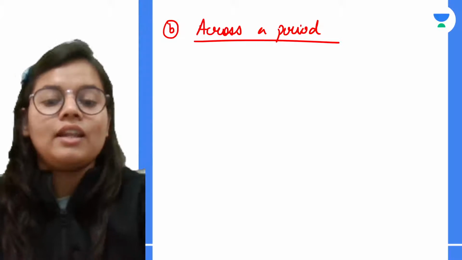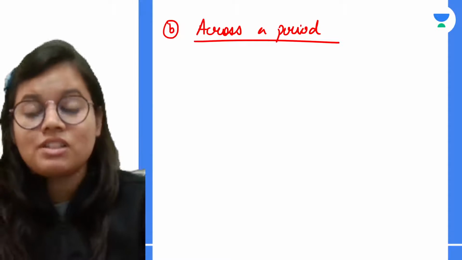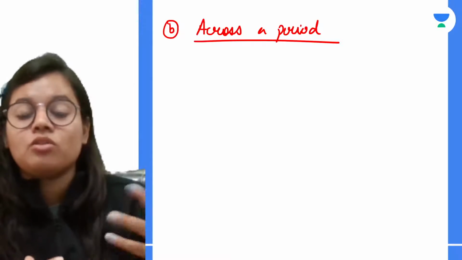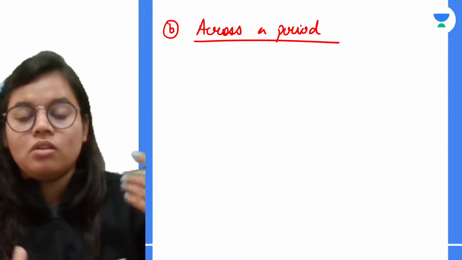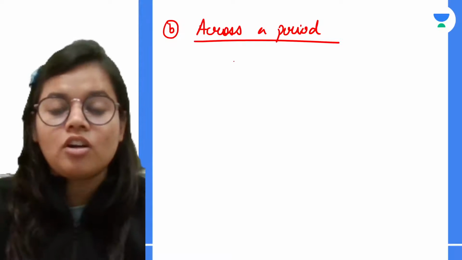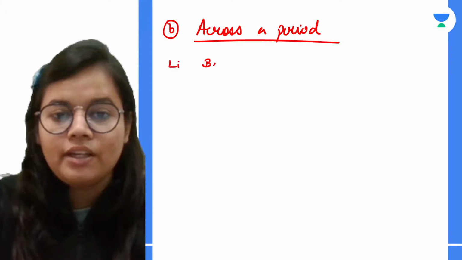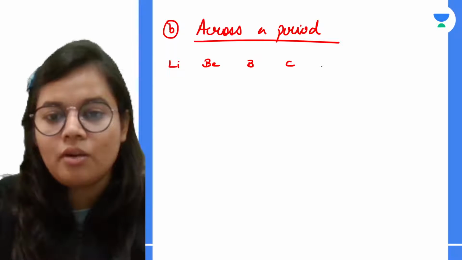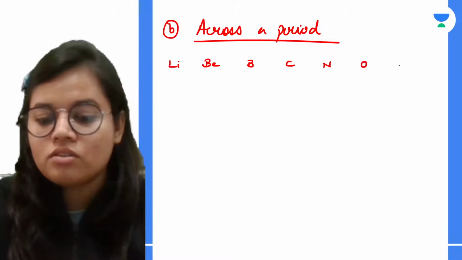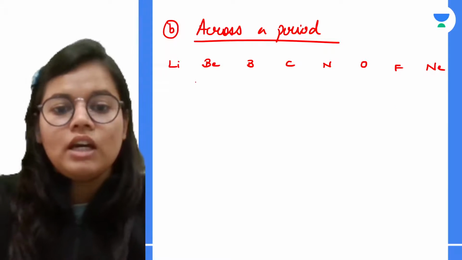So the valency depends on how many electrons we have in our outermost shell and what it is preferring to donate or to gain. The valency depends on that. Okay, let's suppose we are talking about the second period: lithium, beryllium, boron, carbon, nitrogen, oxygen, fluorine, and neon.